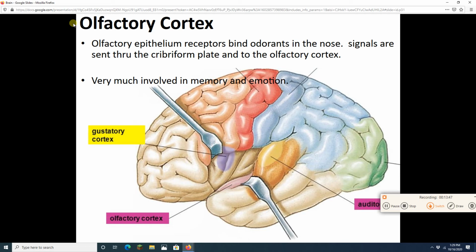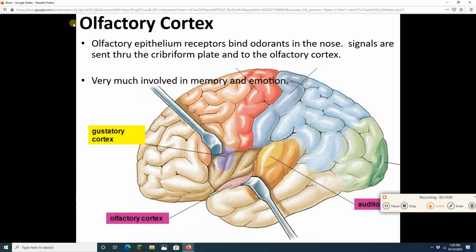Signals go up through that cribriform plate of your ethmoid bone and onward to the olfactory cortex in the temporal lobe. Now, what's super interesting about the olfactory cortex is that it also plays a role in memory and in emotions as well. I always thought that was pretty neat.